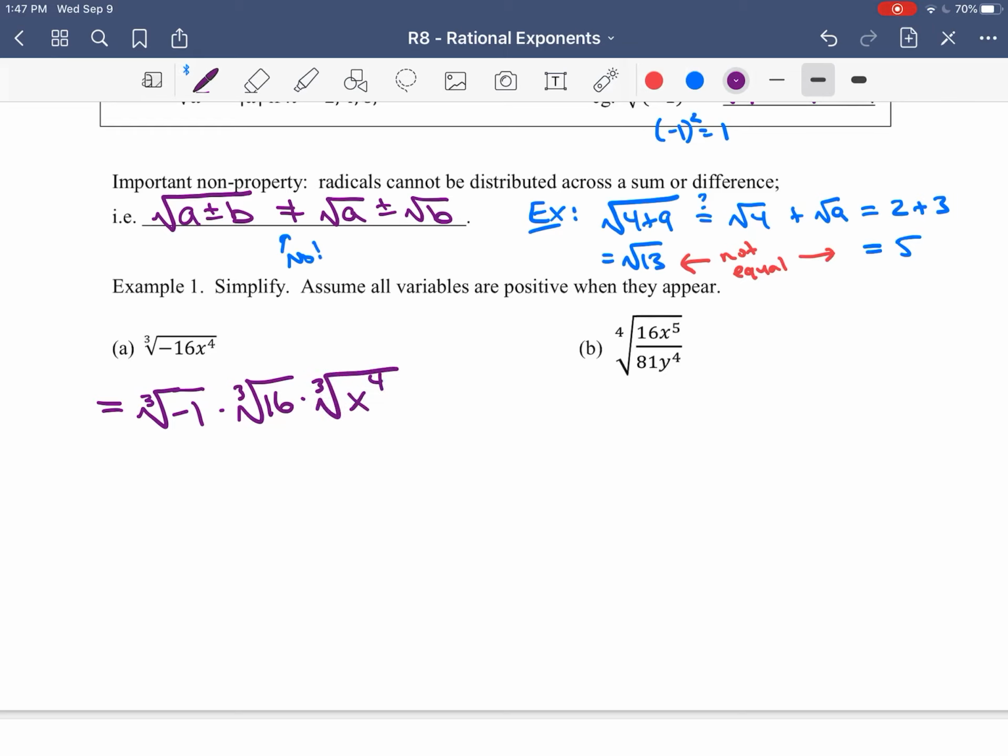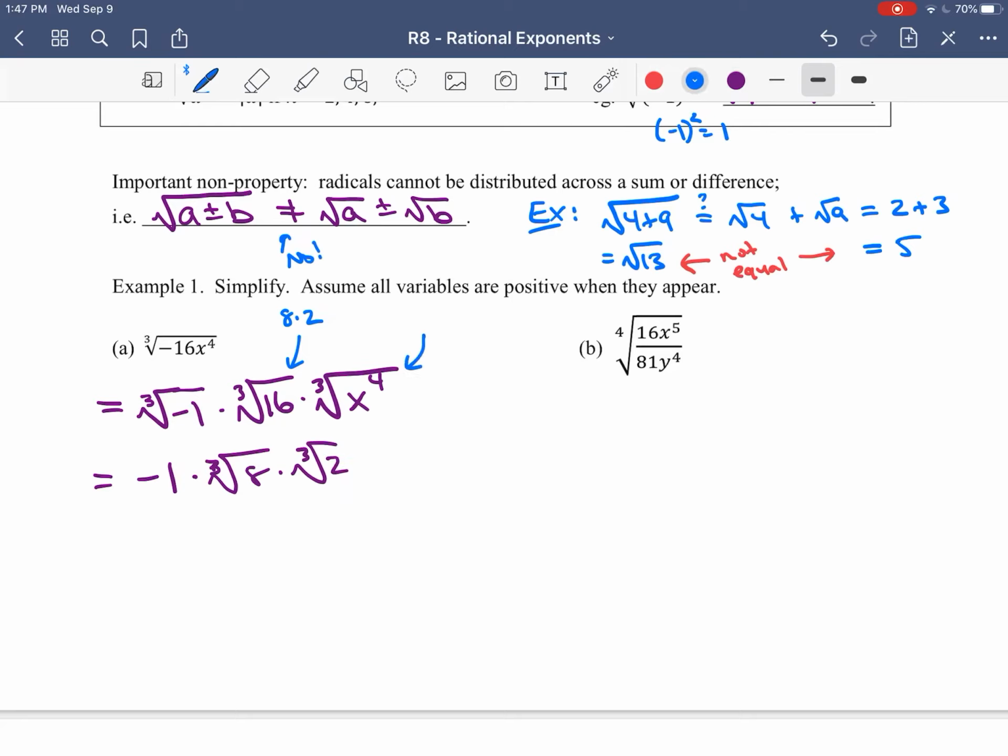So I can break them all up like this. Cube root of negative 1 I know is negative 1. Now 16, we already did this one, but it's 8 times 2. So we know that this is the cube root of 8 times the cube root of 2.